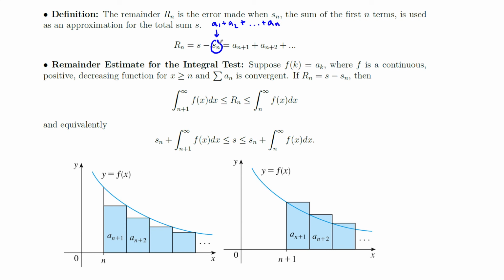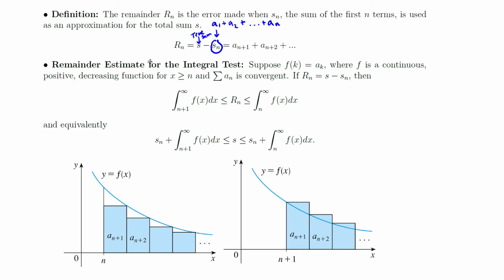When you use a partial sum, the remainder is the difference between that partial sum and the true sum, that we're calling S. And what is that? That's just going to be all the remaining terms that you never got around to adding. All right, so what would be nice is if we had some idea of how big that remainder was at any given point, right? How inaccurate are we if we add up the first n terms?